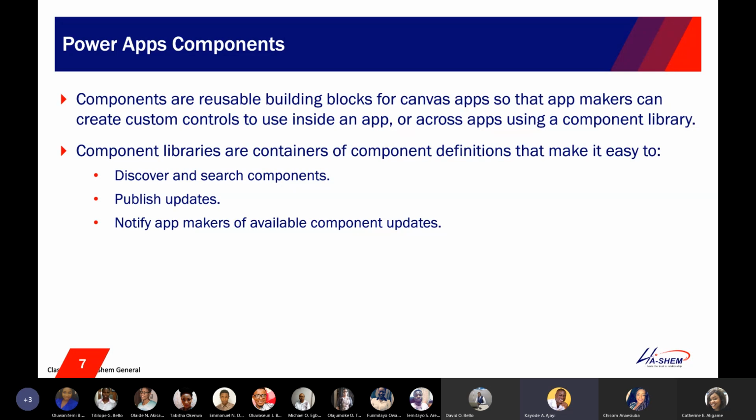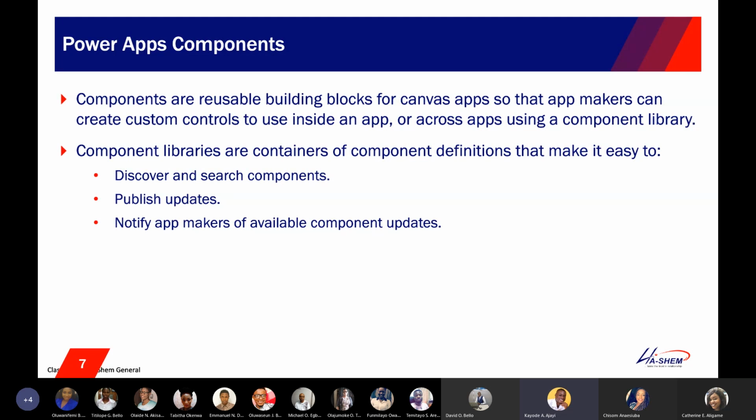So components allow you to just create a building block. You just create one, then you can use it in several pages, and using component libraries, you can also use that same component in other applications.